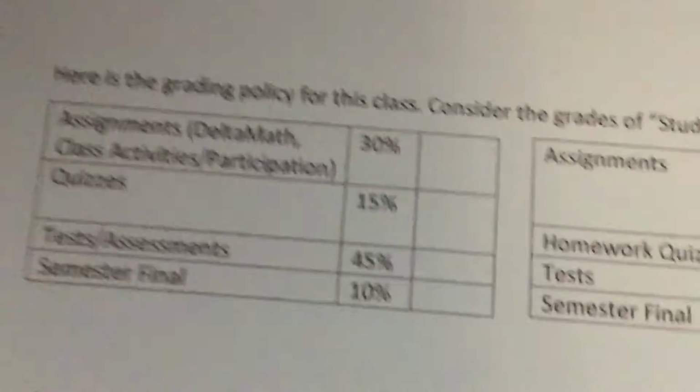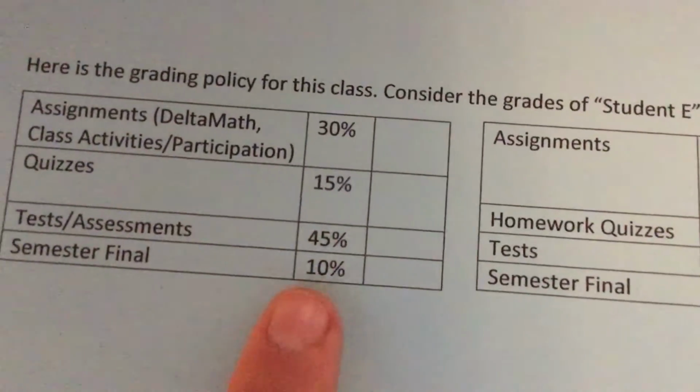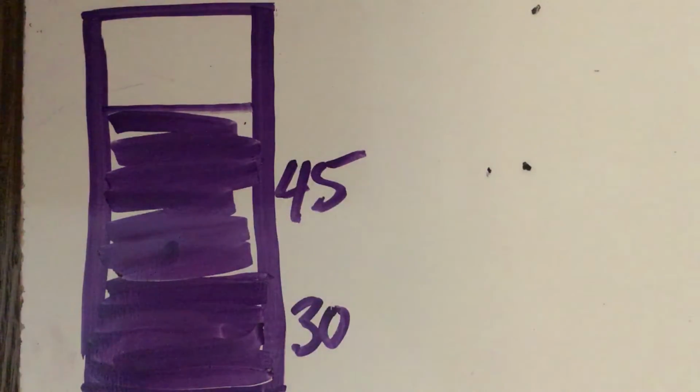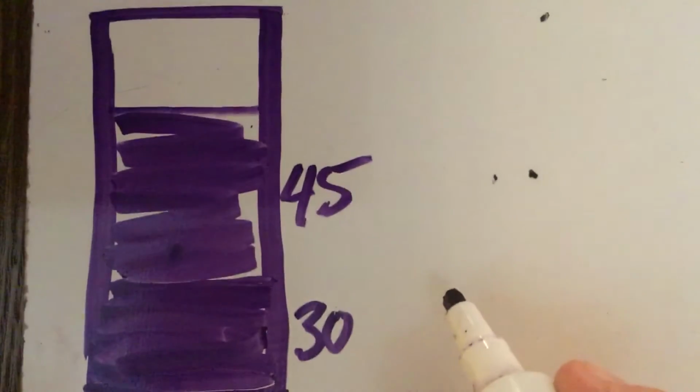But because we have not done any quizzes and we've not done any finals, I can't fill in that last bit of the top of the graph. So that means overall the maximum grade you can be getting in this class right now is a 75%.